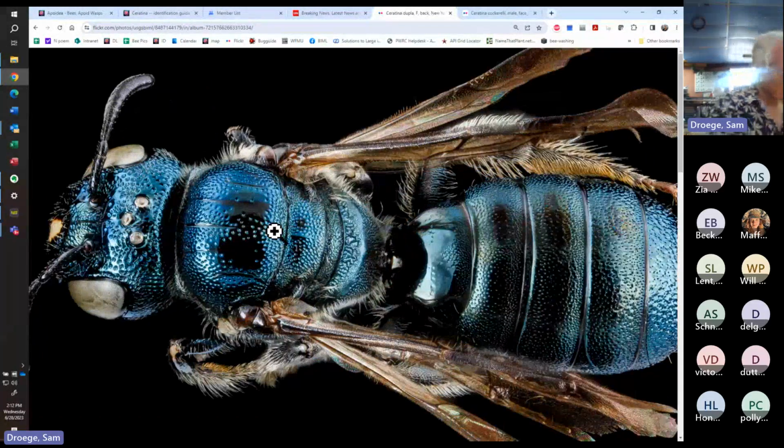Let me look at some of my dupla under the microscope and see how far that line goes. I can see the line going further than on screen. It sort of peters out in that area, and it kind of broadens weirdly, at least in that specimen.